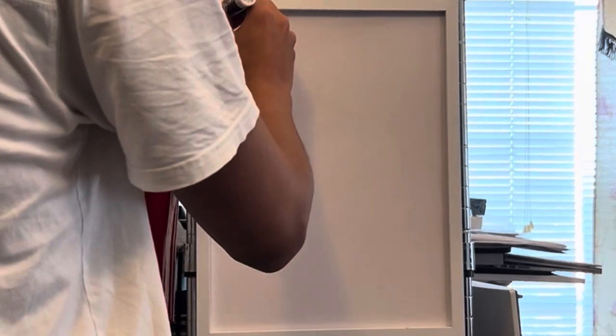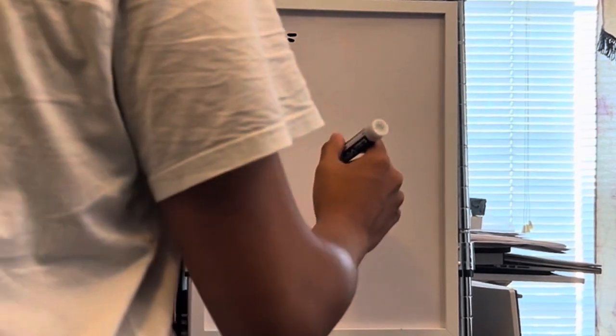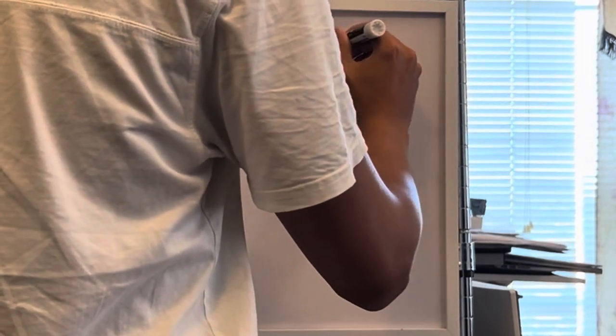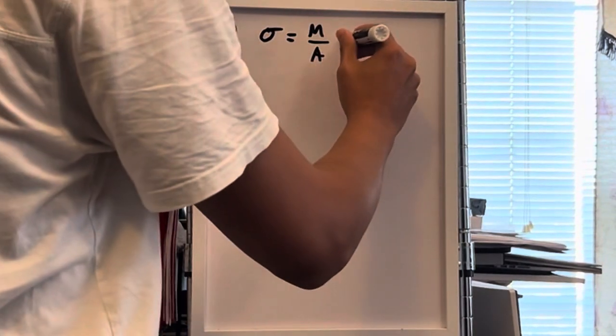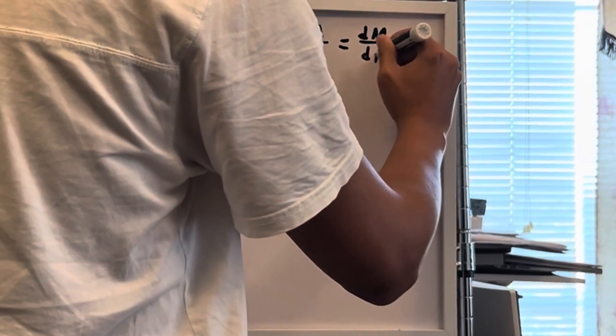For part B, I have to prove the moment of inertia of this. So let's do that. I know for a disk I'm going to be using the area density equation, where lowercase sigma is equal to mass over area, right? And this is also equal to, I differentiated the top and bottom, dm over dA.